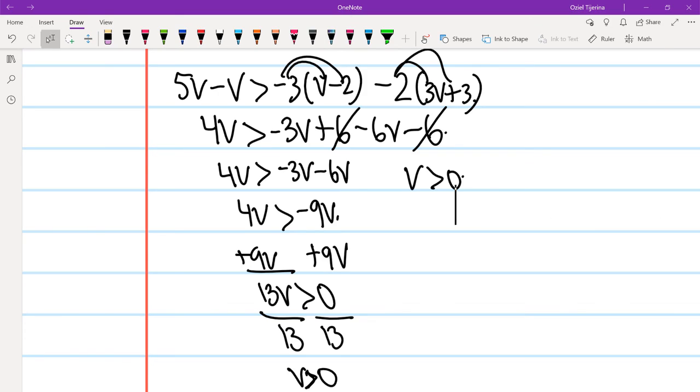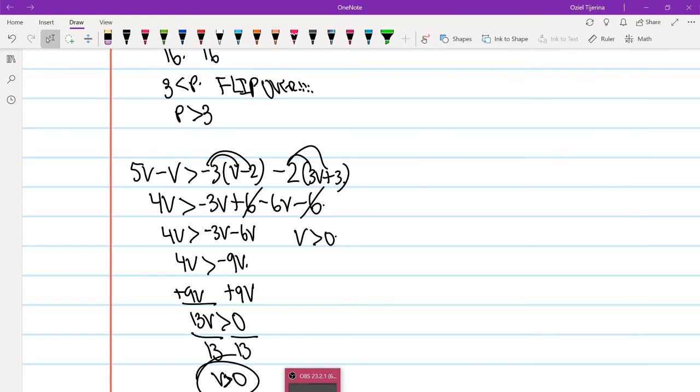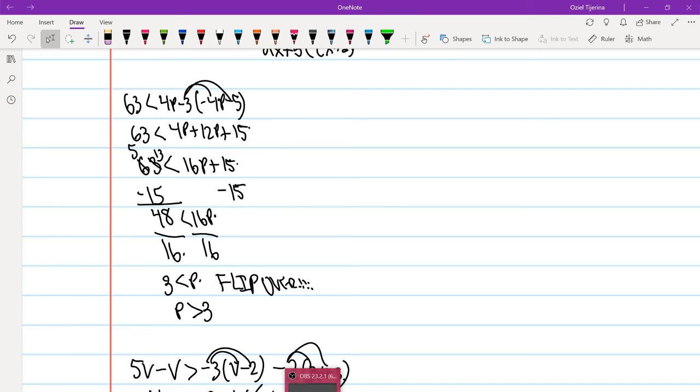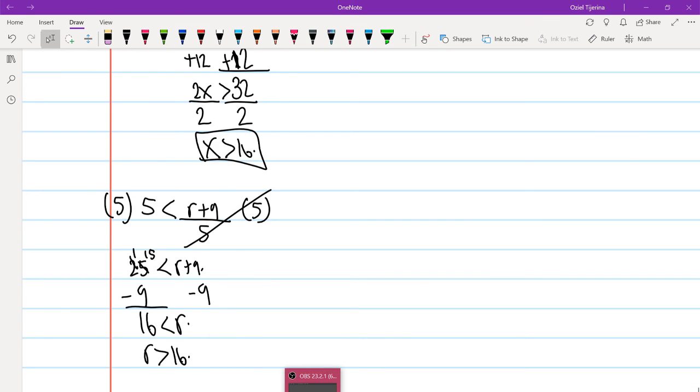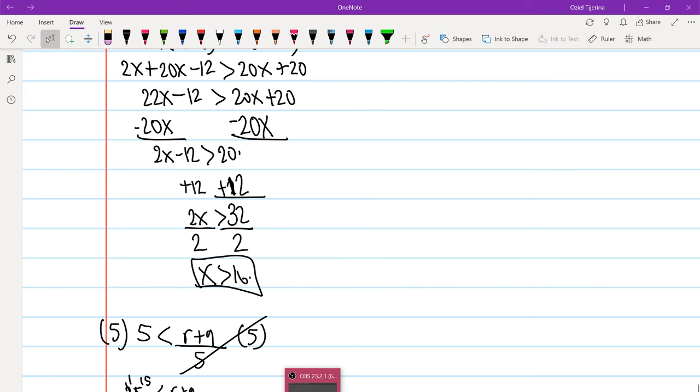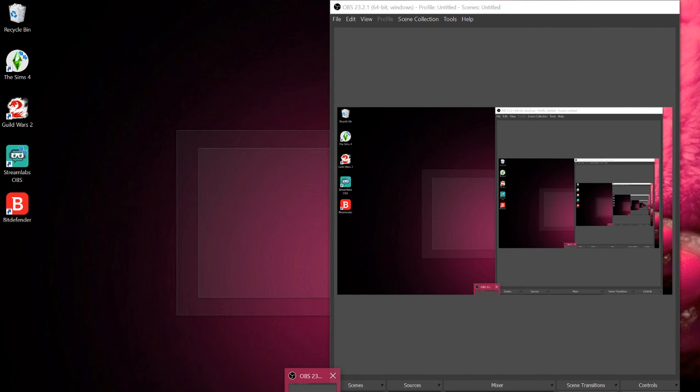Yes, it would be v is greater than 0. So I hope this helps in a way. I only did a few of them because apparently a lot of them are similar. It's the same method.